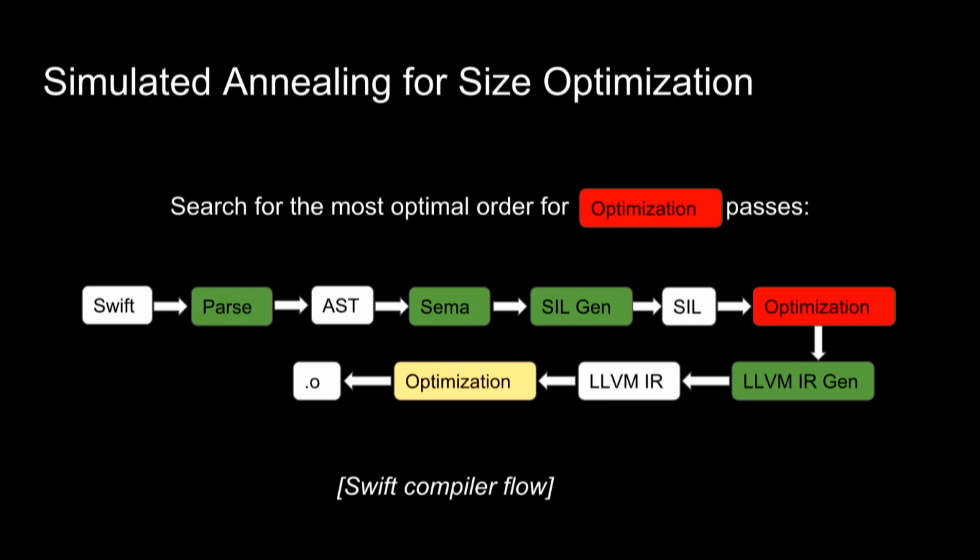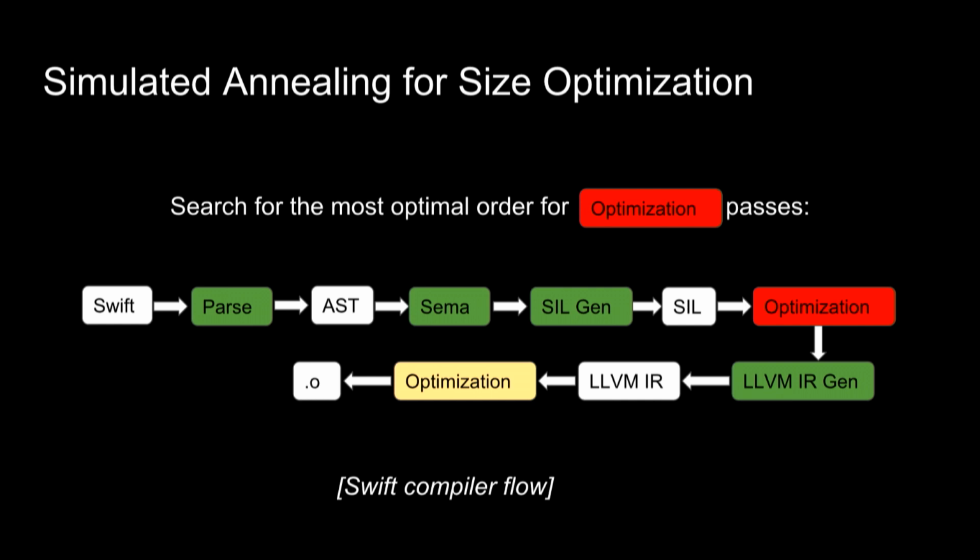So we used a technique called simulated annealing to find the optimal order for optimization passes to achieve this balance. This means, given a list of optimization passes that are already enabled in the compiler, search for the most optimal order that results in the most reduced binary size as well as performance.